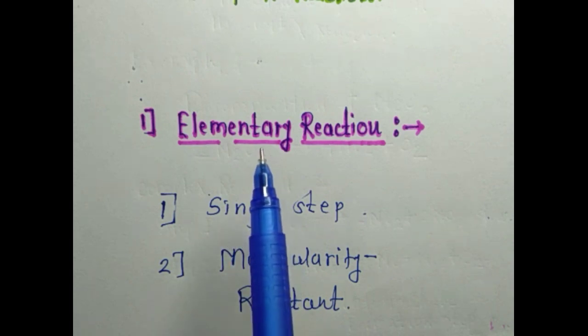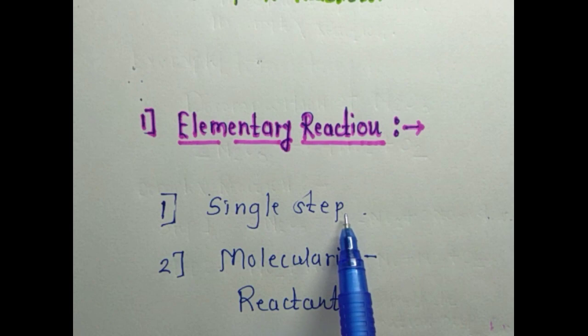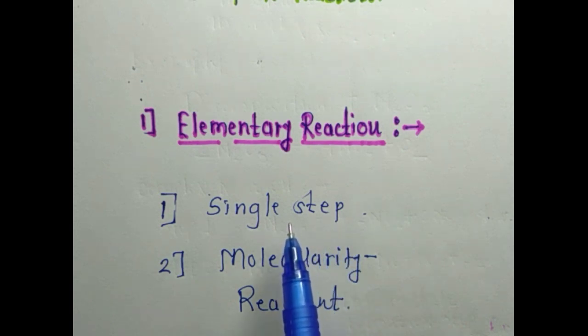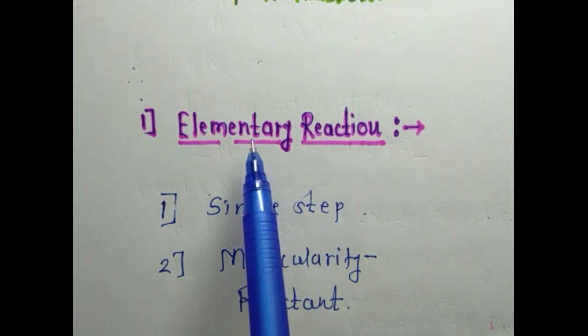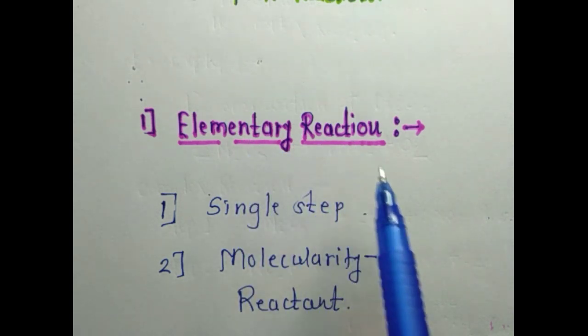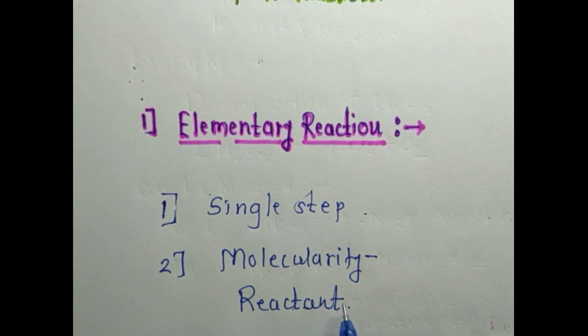The elementary reaction is nothing but a single step reaction, meaning the reaction which occurs in only one step. And number 2, the molecularity of this elementary reaction depends upon the reactant molecules, meaning the number of reactant molecules present in the elementary reaction and not product molecules.